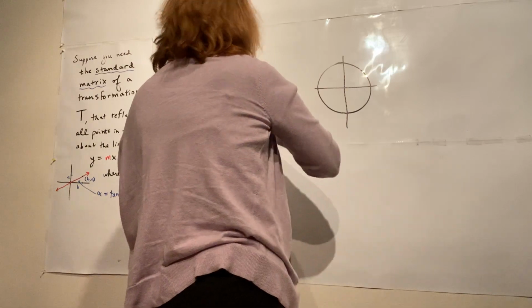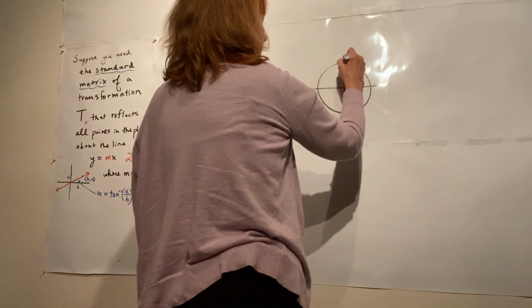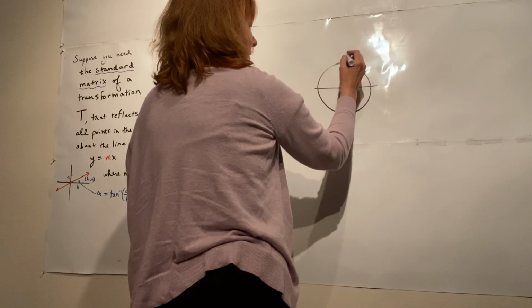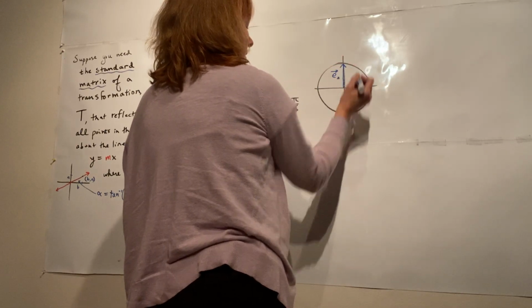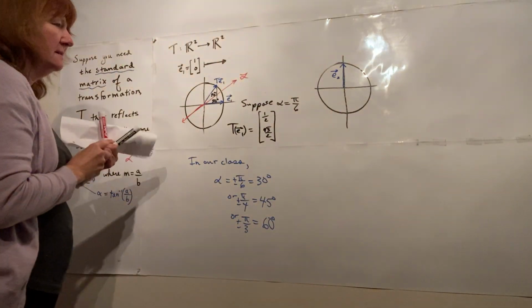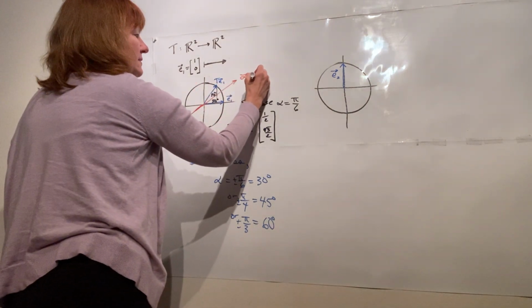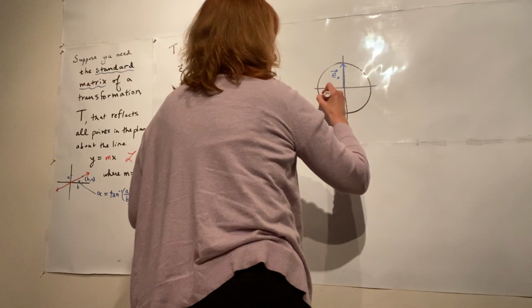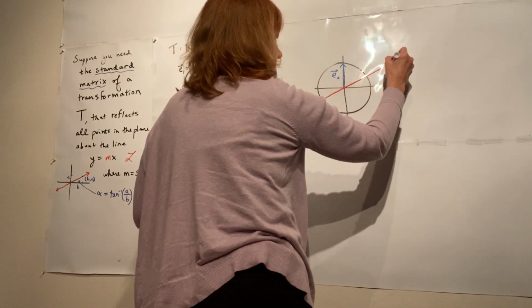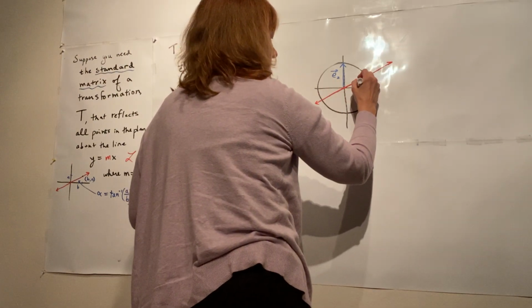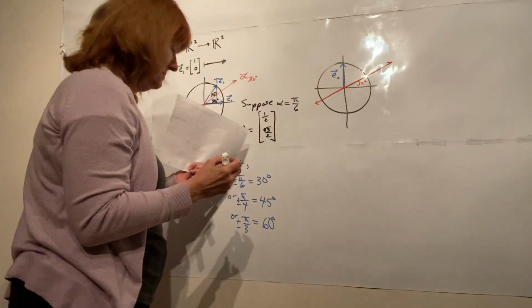So here's e2. If you reflect it across that line L, again, this is the line associated with 30 degrees to the positive x-axis. So that's 30 degrees there.